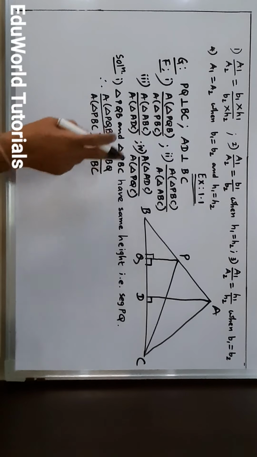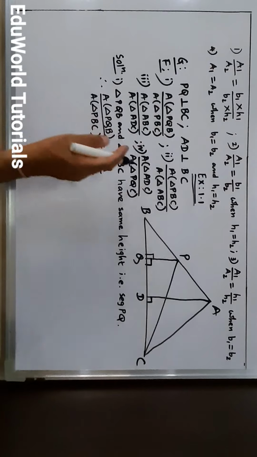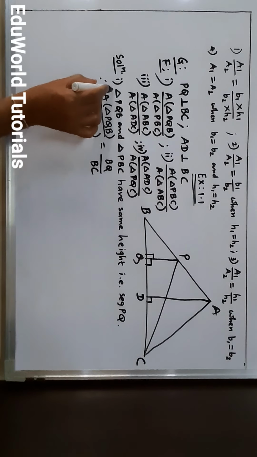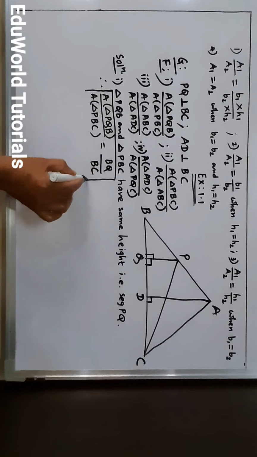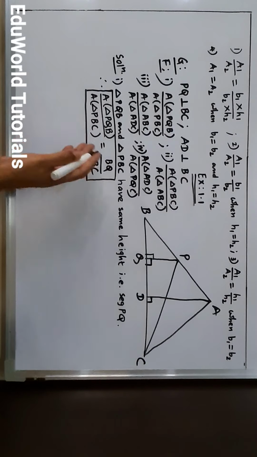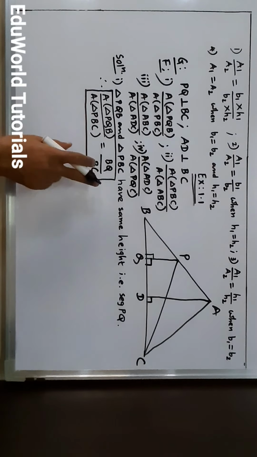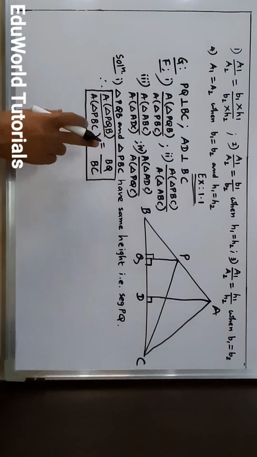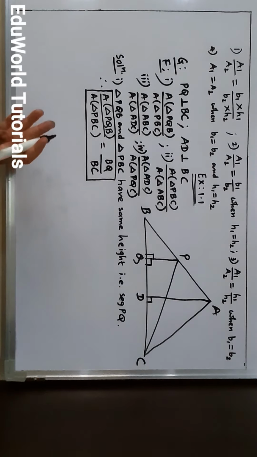So now this will be our answer. Why? Because no values are given. Only we are supposed to find the ratio of the areas of the two triangles, and we already got it. If they would have given you the lengths of these segments, then we would find further. But this is ending here, because the values of BC and BQ are not given. This is our first answer.